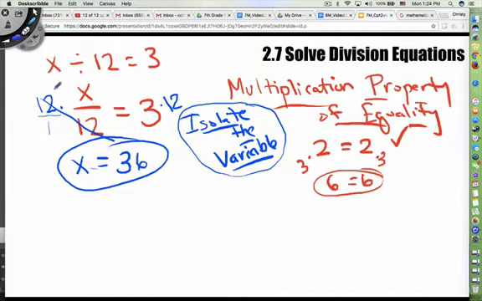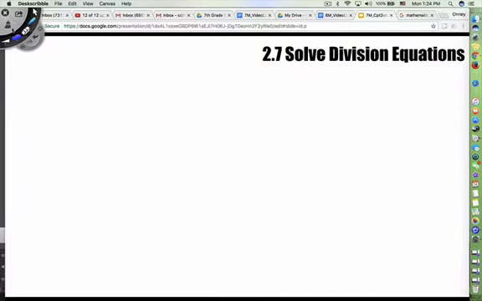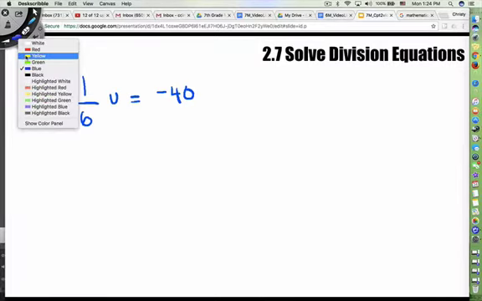Okay, let's look at another example. As long as we continue to isolate our variable, we're just fine. What if we have something that looks like this? 1/6 u is equal to negative 40. Okay, what does that look like? Now remember, I'm doing this to kind of mess with you a little bit.